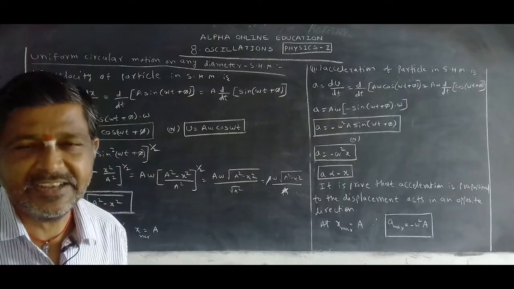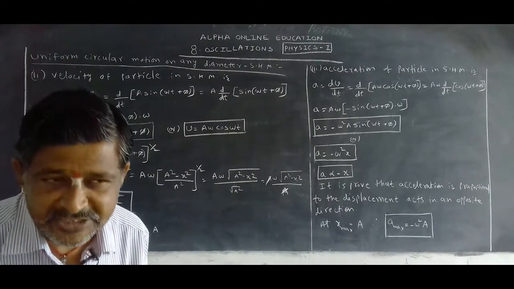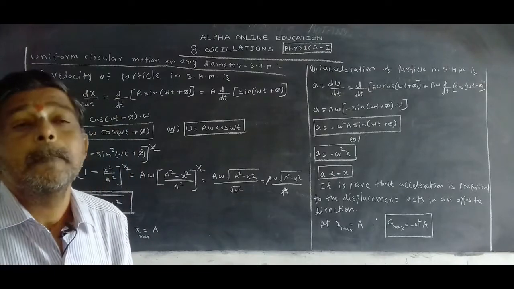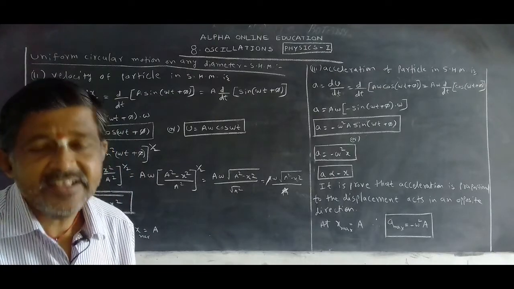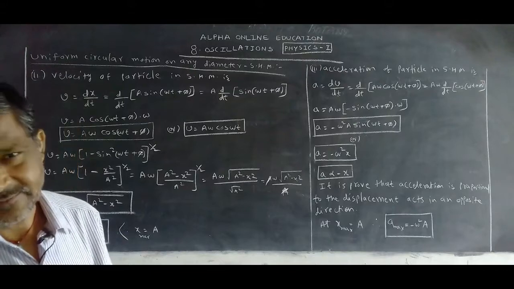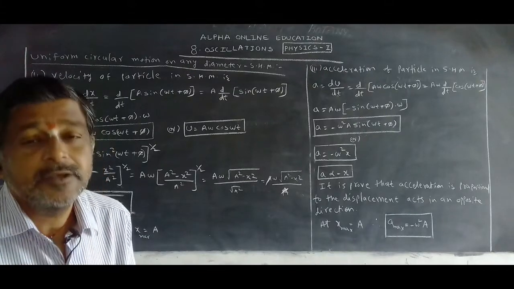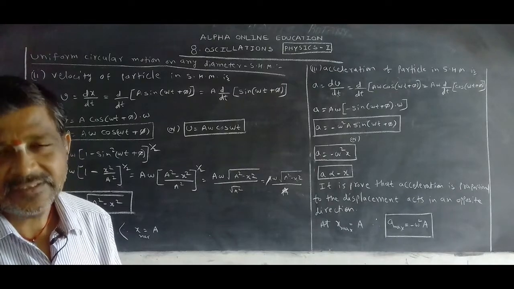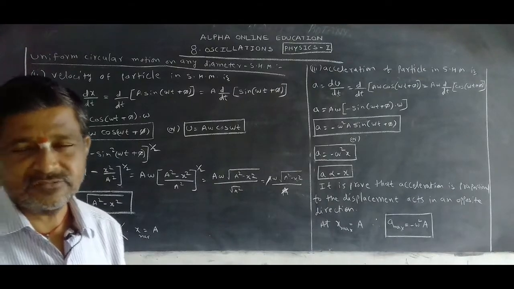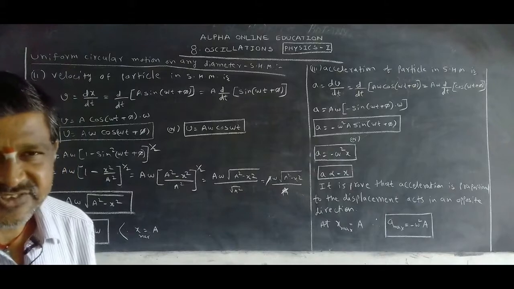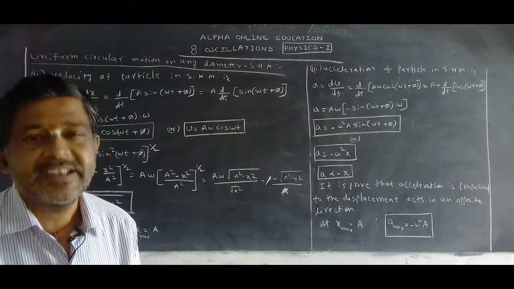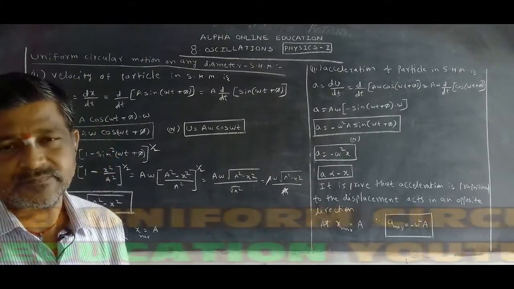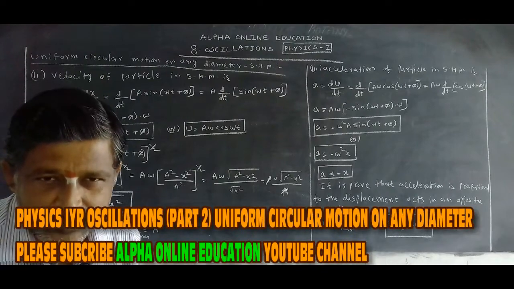Generally, in the derivation form, A is equal to minus omega square A sin (omega t plus phi). By the substitution of displacement, we get the acceleration A is equal to minus omega square x.